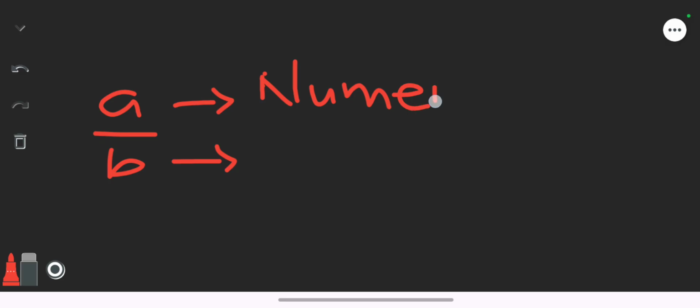We have the top part, which is the numerator, and the bottom part is the denominator.